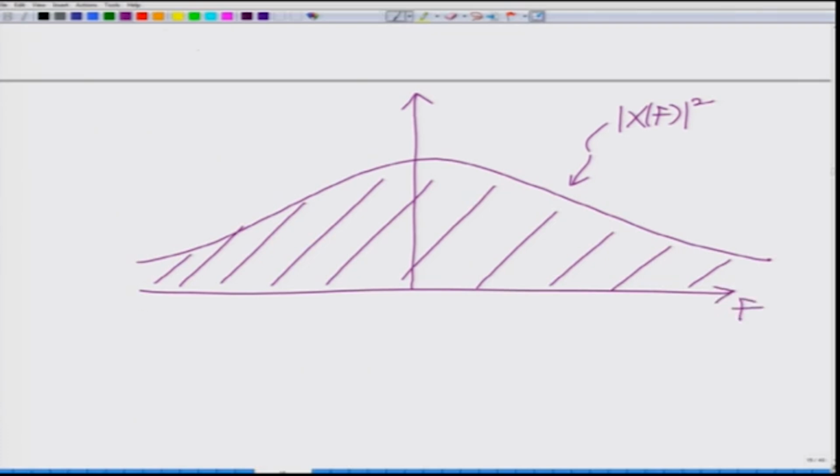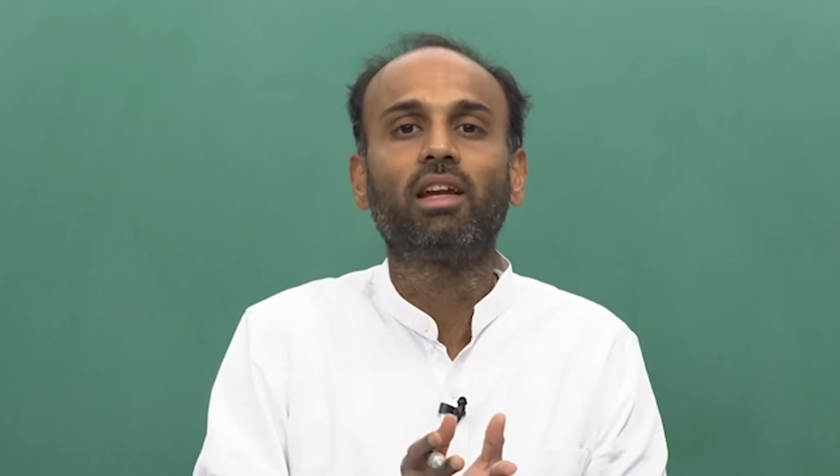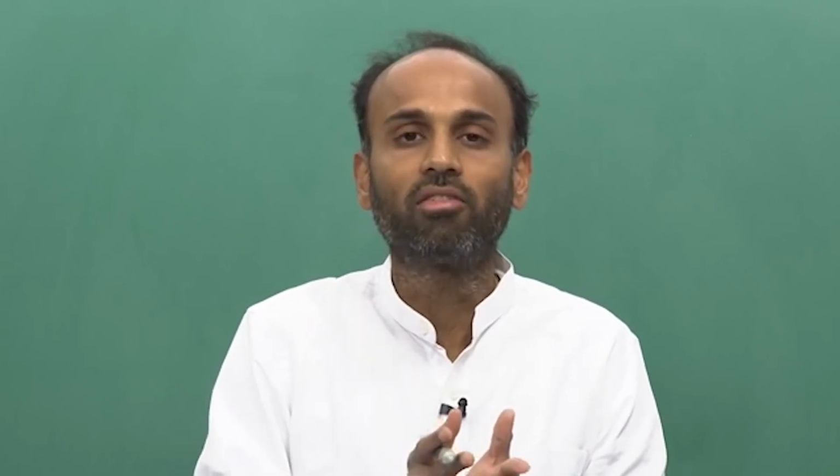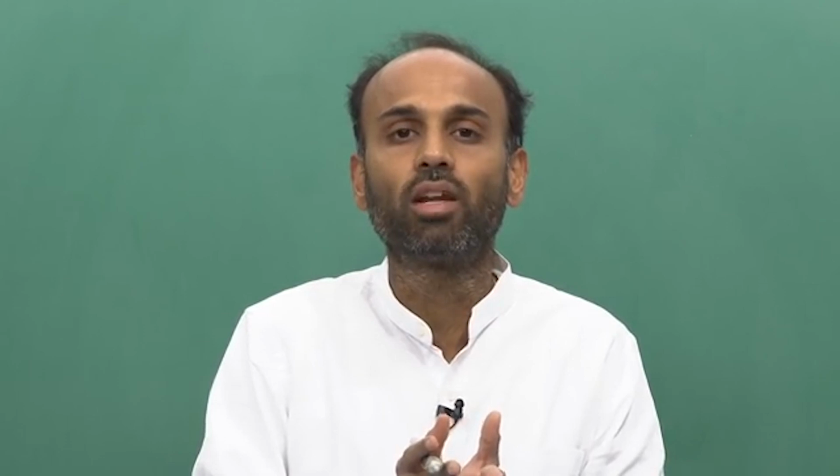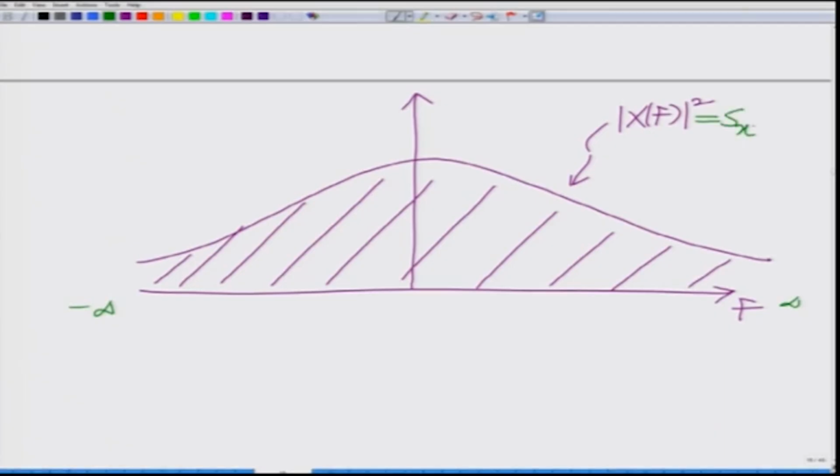If you integrate this from minus infinity to infinity, we get the total energy. So, the area under magnitude x f square, which is basically S x x f, from minus infinity to infinity gives us the total energy.